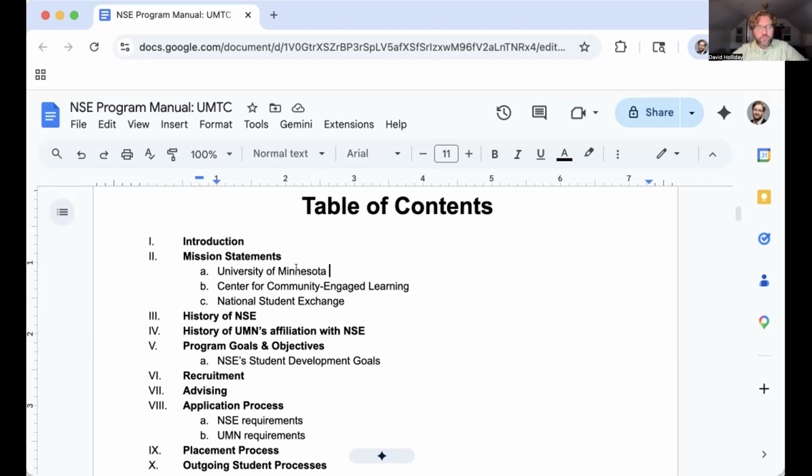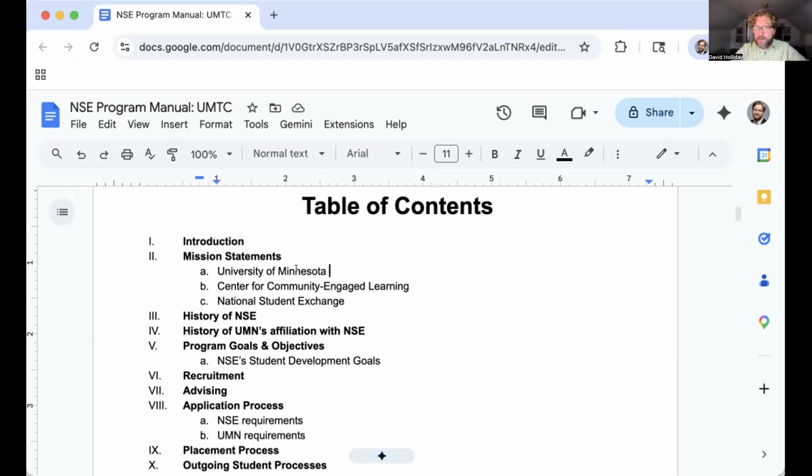There's also a real focus on career development, and I'm making the case for how and why NSE fits into career development goals on my campus as well. So if anybody, from the provost on down, ever has questions about NSE, I will have documented proof, some of it anecdotal, some of it more quantitative data, of how NSE really does meet the strategic plan and the mission of the University of Minnesota.